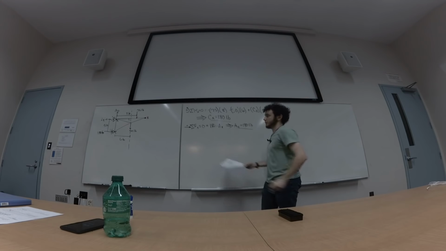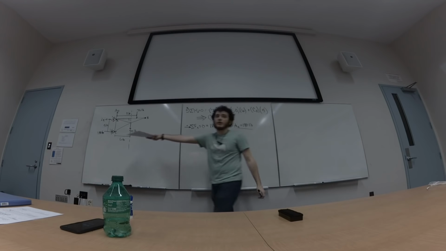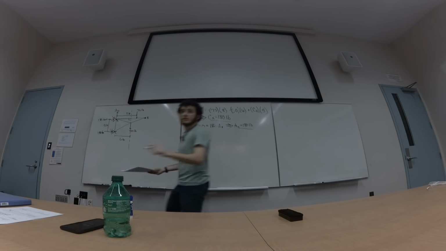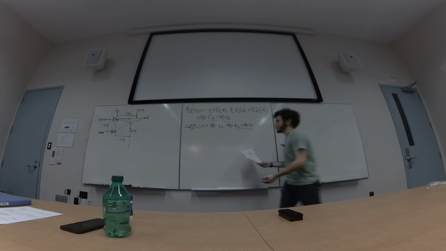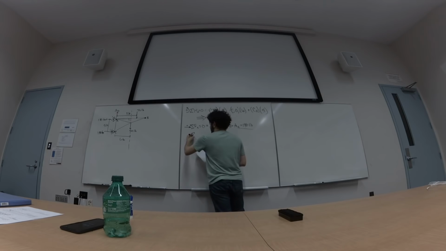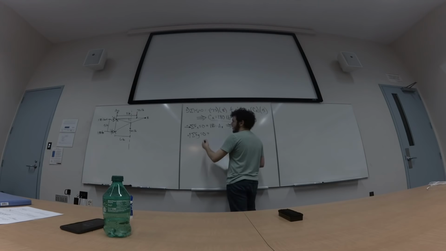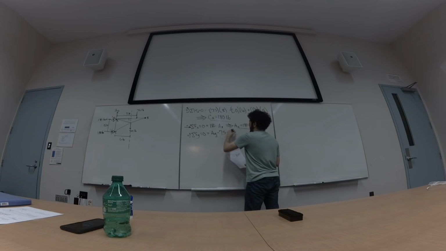And notice that we're getting positive answers, right? That means that the directions we chose were correct. Is that cool with everyone? Then we're just going to do the summation of forces in the y direction with up being positive, and set that equal to 0. We've got positive AY minus 75 minus 50.